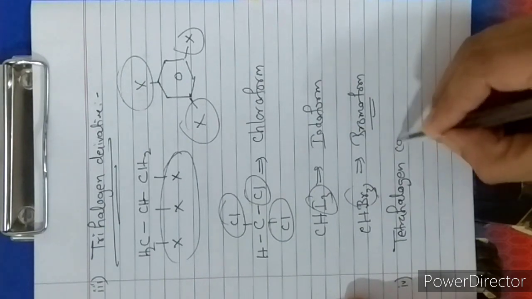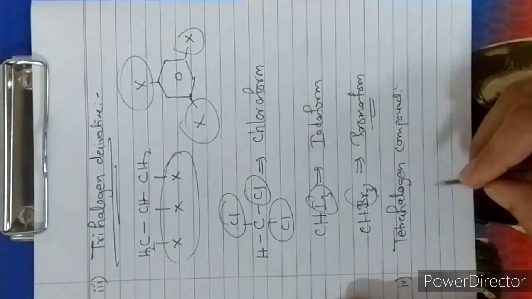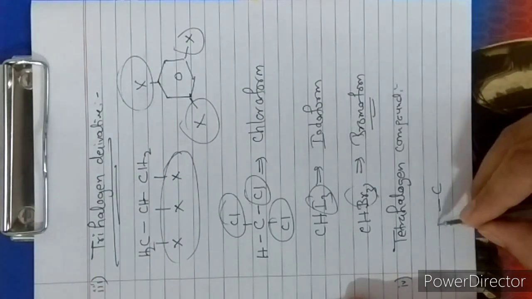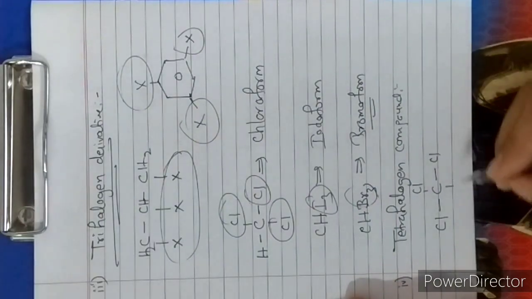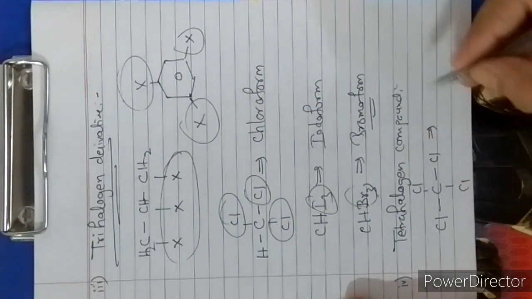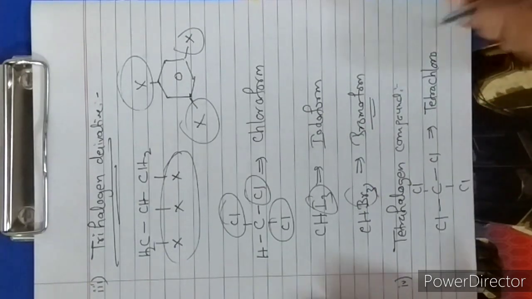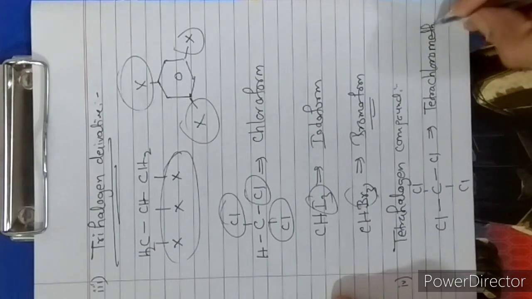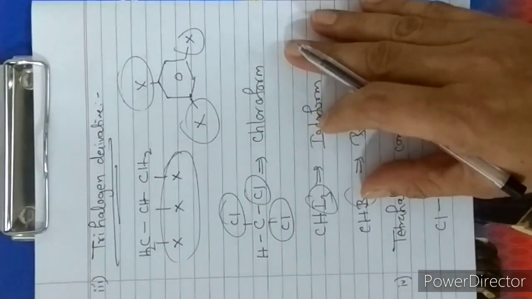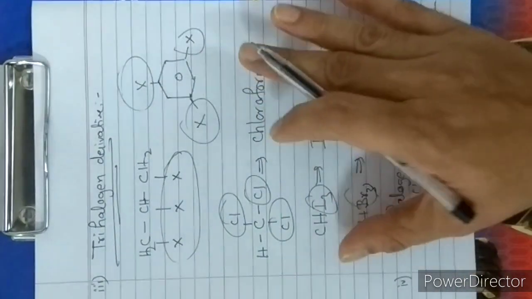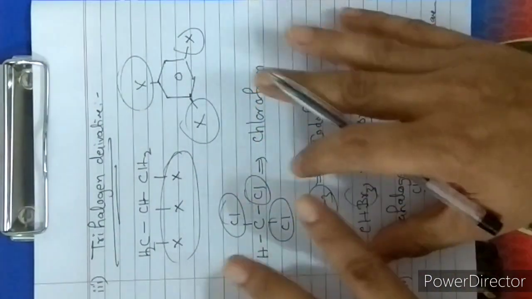Now, in a tetrahalogen compound, again I take methane and I replace all the hydrogen by chlorine. This is tetrachloromethane. Clear? Right. So this classification was based on the number of halogen attached.